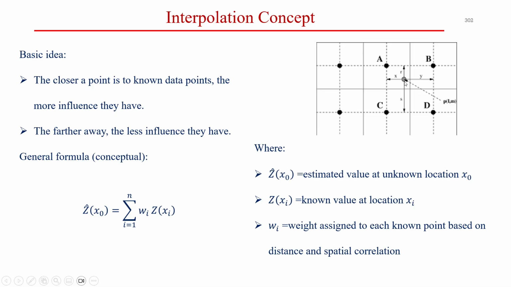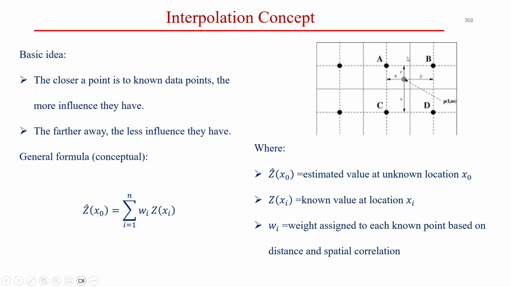Generally the basic idea is that once you have the values around the particular pixel, you look at the distances around it. Whatever is closer will have more influence, so it will have more weight, and the ones which are farther off will have lesser weight.